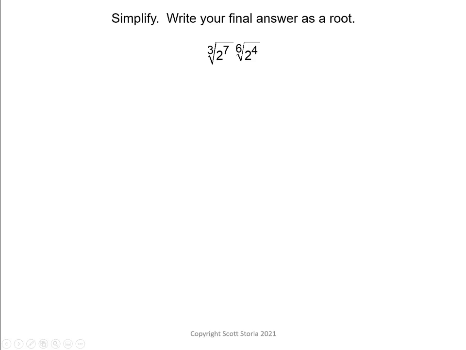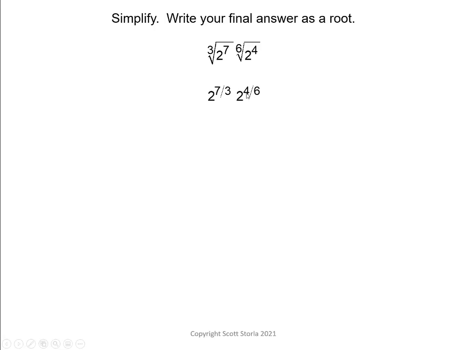How about here? My first factor will have a base of 2 and an exponent of 7/3. The second will have a base of 2 and an exponent of 4/6. Now I could move forward and use a least common denominator of 6. That would be fine.